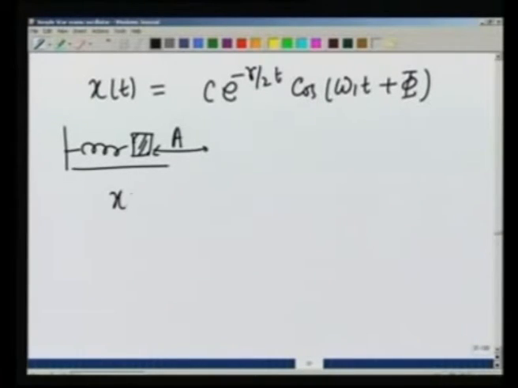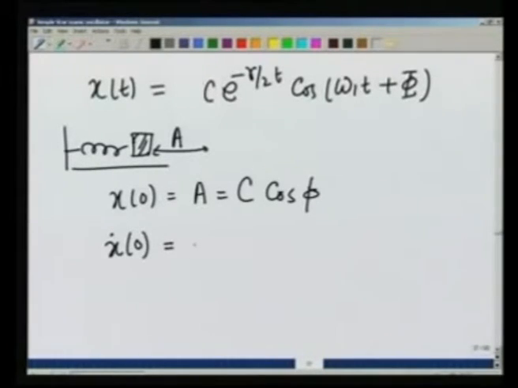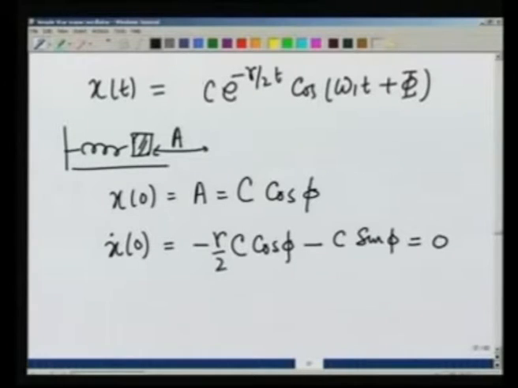So, since x(0) is equal to a, this would be equal to c cosine of phi, and x dot(0) is equal to minus gamma over 2 c cosine of phi minus c omega 1 sine of phi, and this is equal to 0.